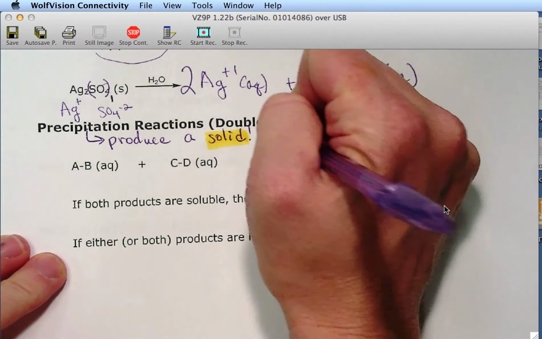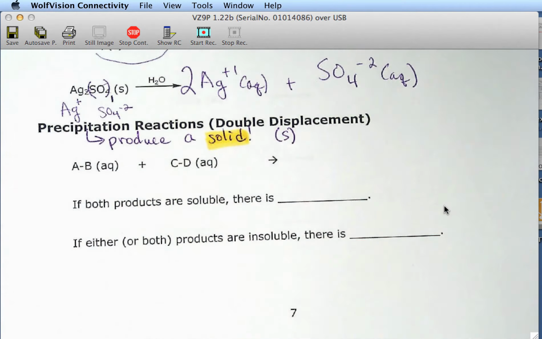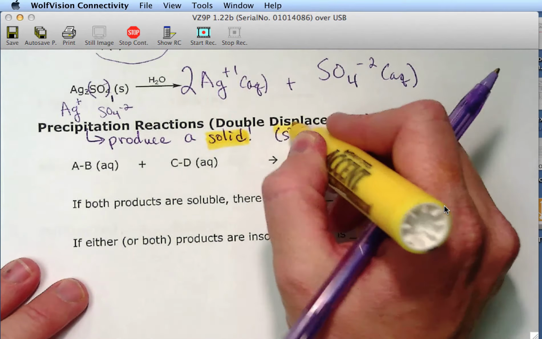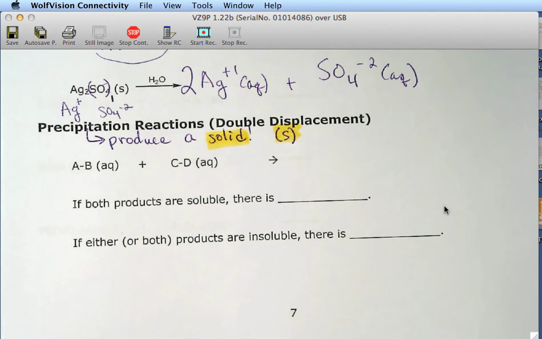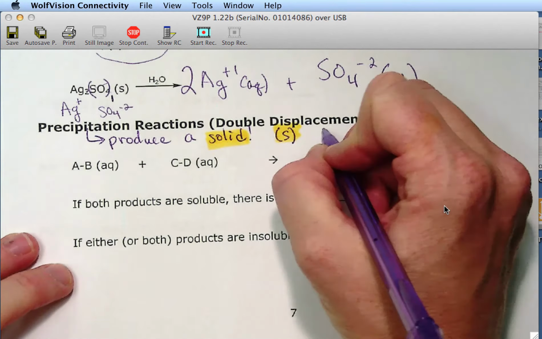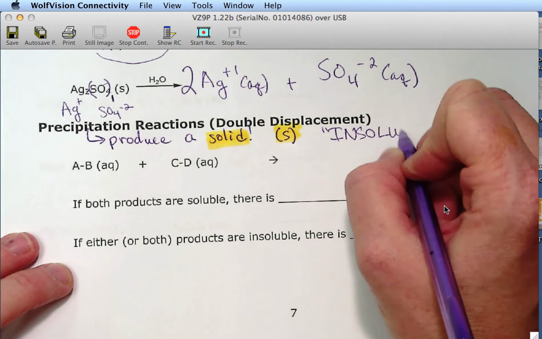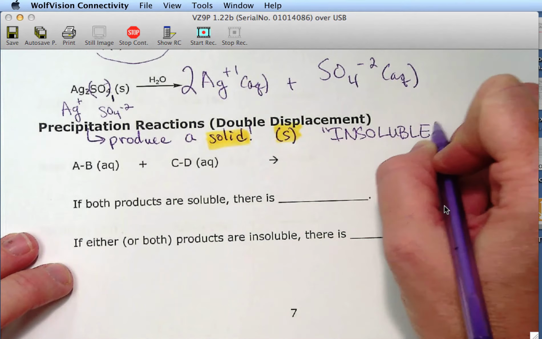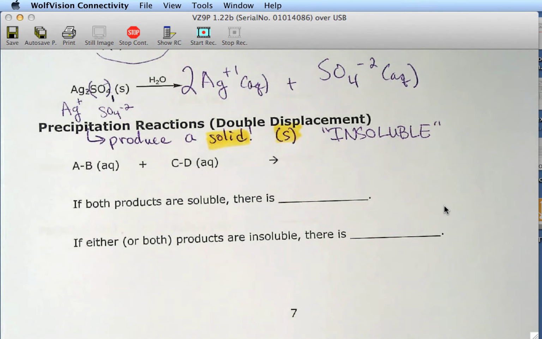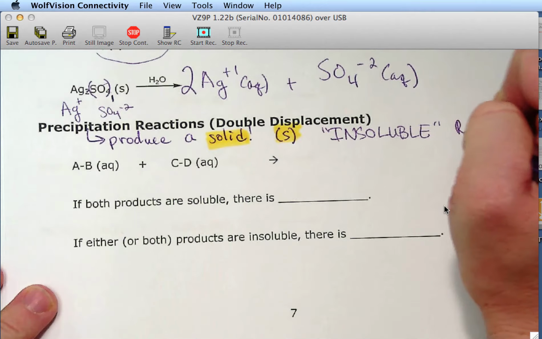S. What's the term from our solubility rules that means S? Insoluble. So another name for these reactions could be the insoluble reactions, right? In order for these reactions to occur, something has to be insoluble. So insoluble reactions.